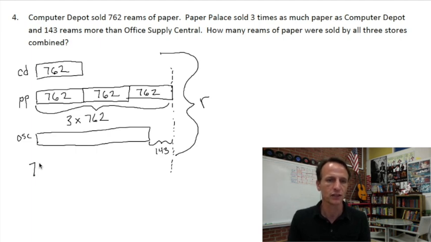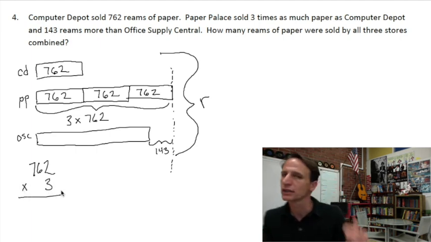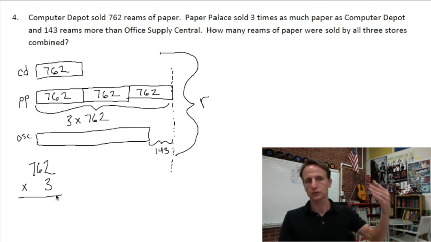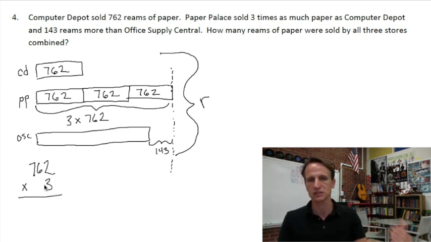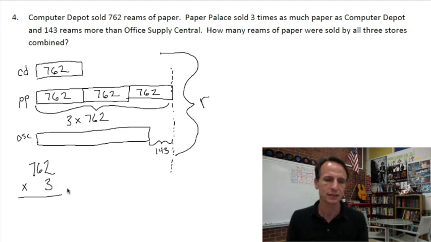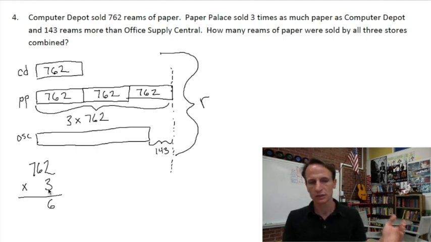We have 762, which we're multiplying by 3 to find Paper Palace's total. Standard algorithm, we'll be doing 3 times 2, 3 times 6, 3 times 7, with regrouping as needed. So 3 times 2 is 6. Good, no regrouping there. 3 times 6, however, is 18.